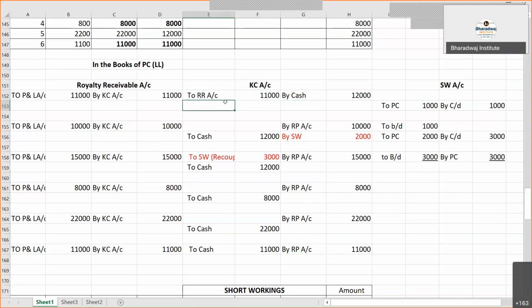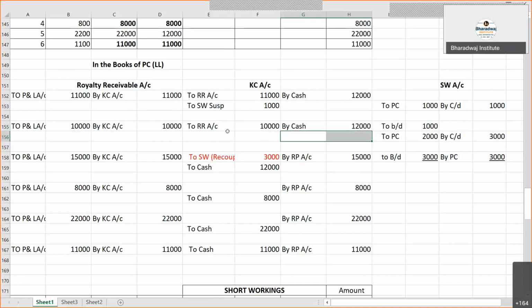This will be called to short workings suspense account, just to differentiate 1,000 rupees like that. It will be just opposite, a mirror image, reverse image. To royalty receivable account 10,000. Instead of by short workings, it's going to be to short working suspense account.